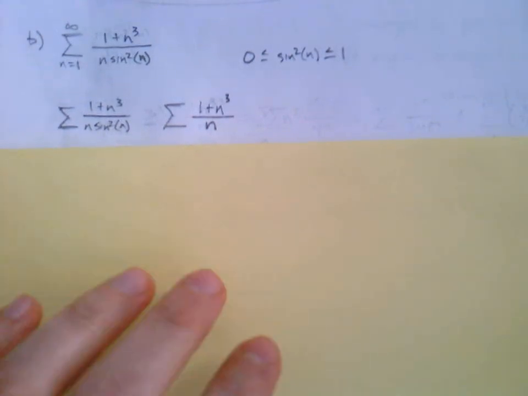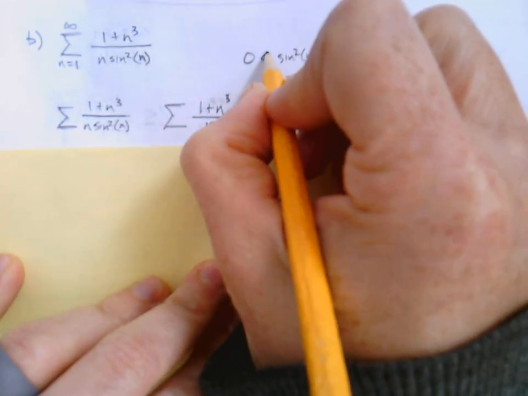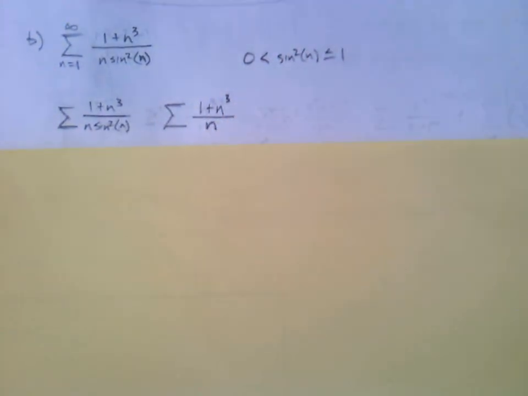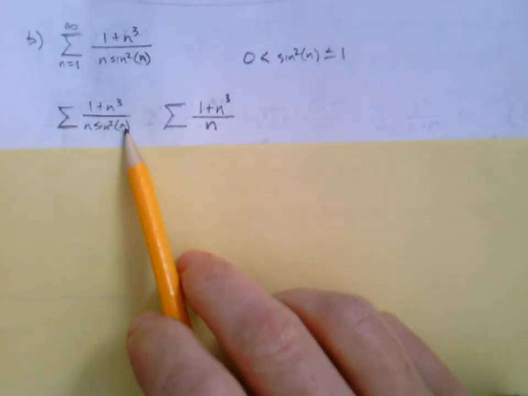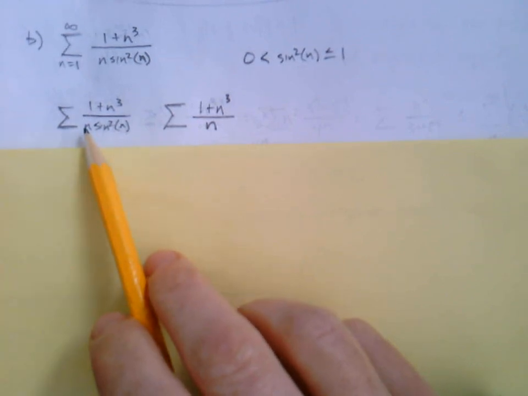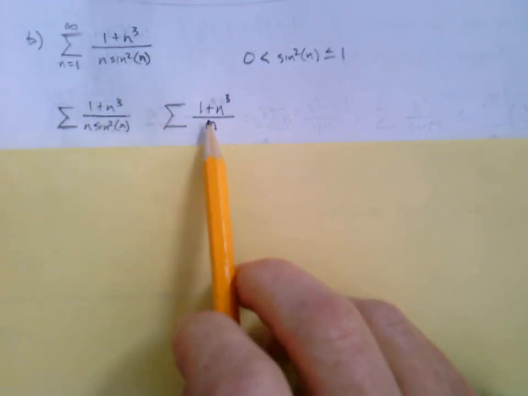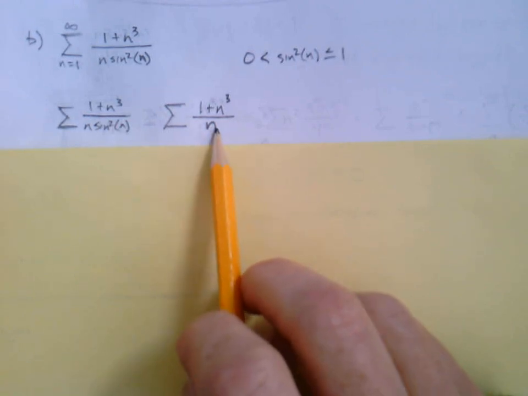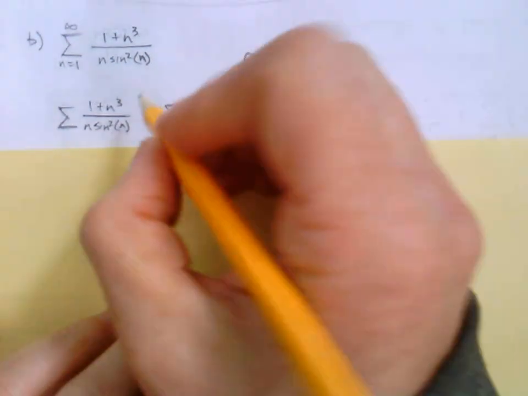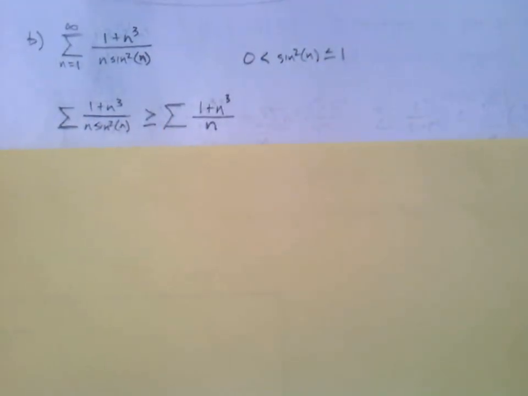Okay, so it's somewhere between 0 and 1. Well, if that's there, then when it multiplies, it would make that denominator smaller. So if we get rid of it, now the denominator is bigger. If the denominator is bigger, then the whole thing gets smaller. All right, that makes sense.